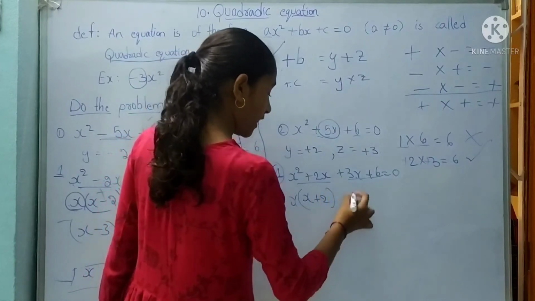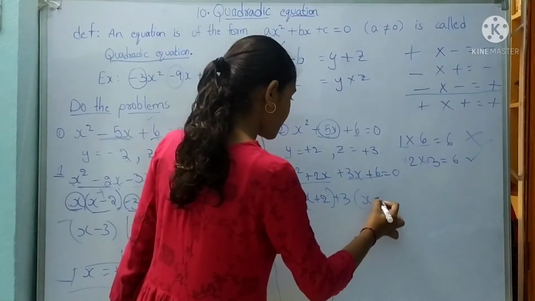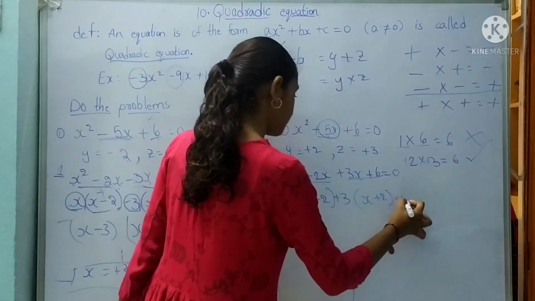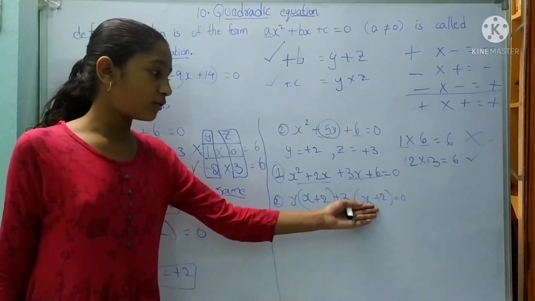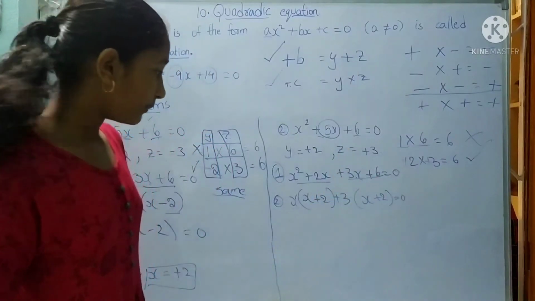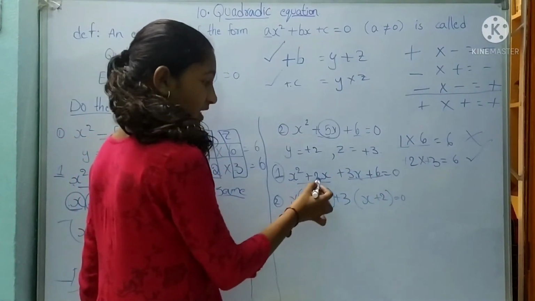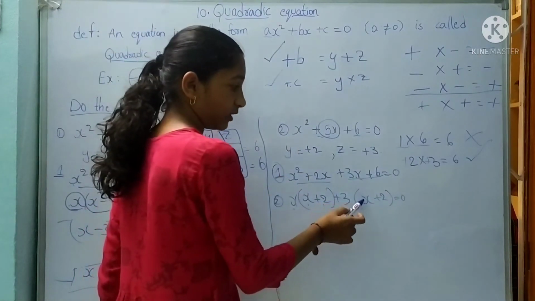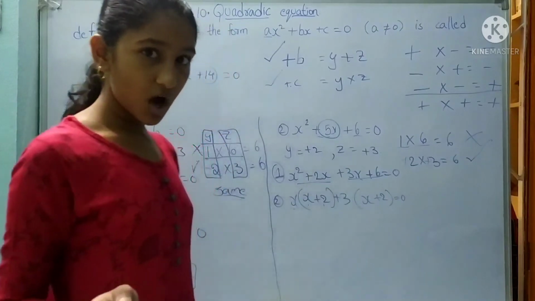And here I am taking plus 3 as common, and x plus 2. Here if we get x plus 2 in both, then you can do it without checking. So x into x is x square. X into plus 2 is 2x. And 3 into x is 3x. 3 into 2 is 6. Right or wrong? Right.